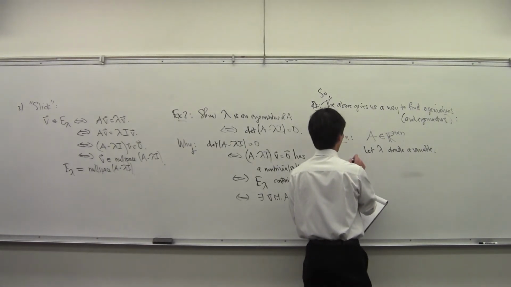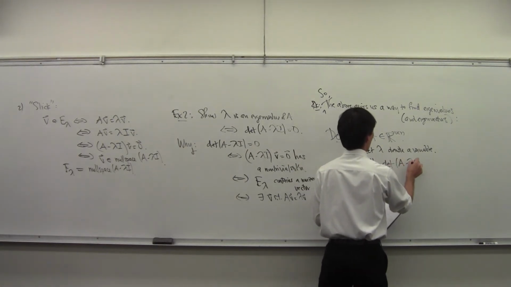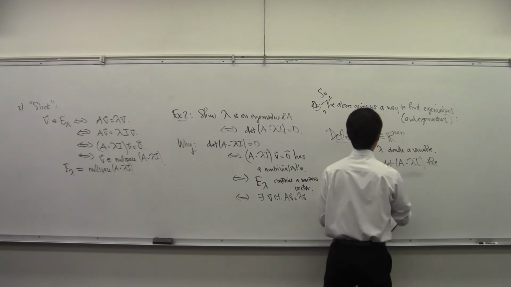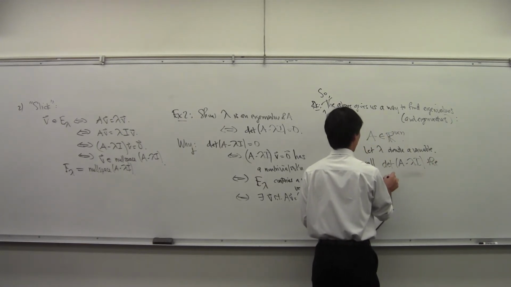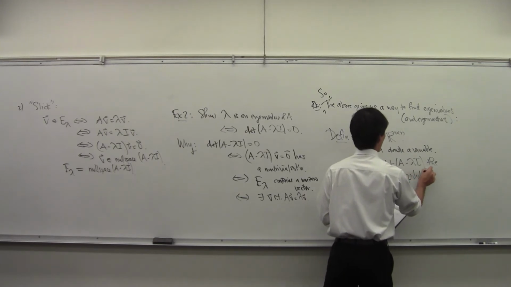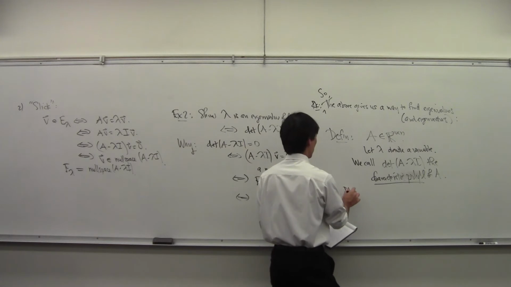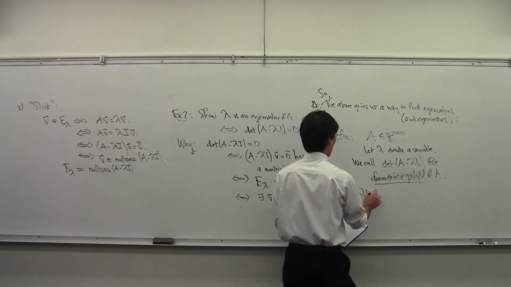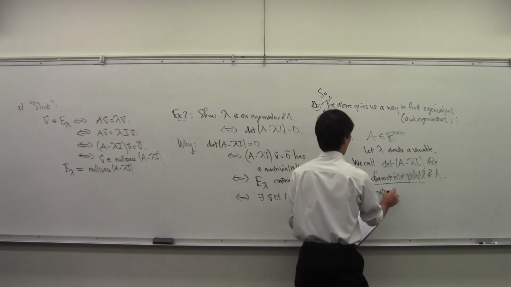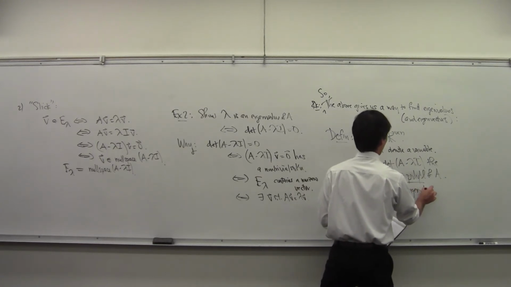Then we call the determinant of A minus lambda I the characteristic polynomial of A. Notice that its roots are the eigenvalues of A.